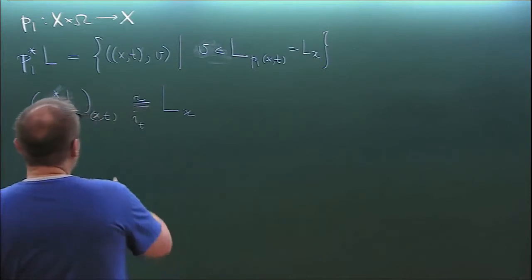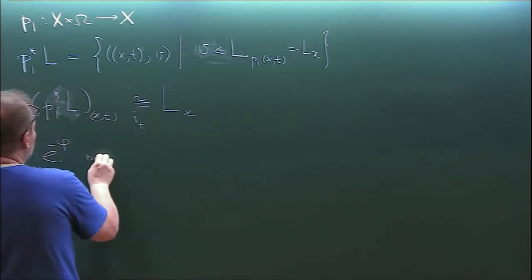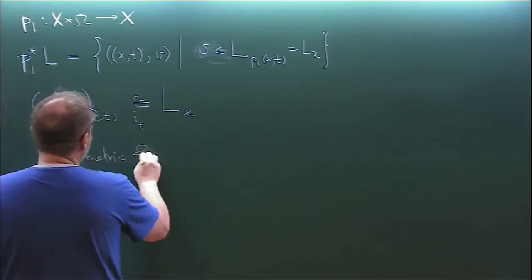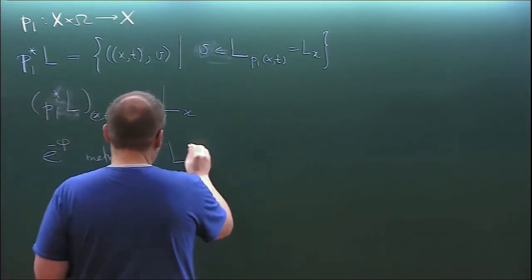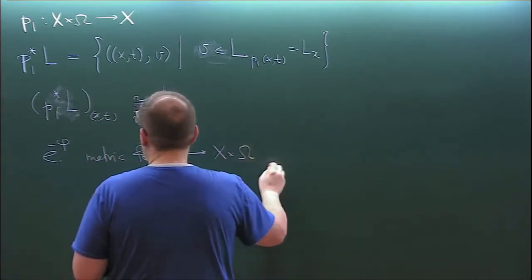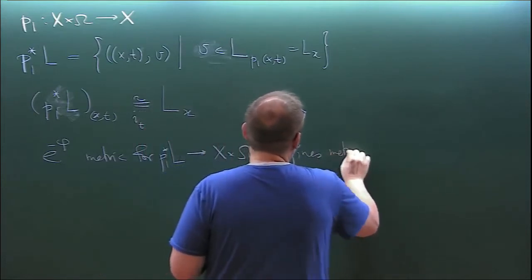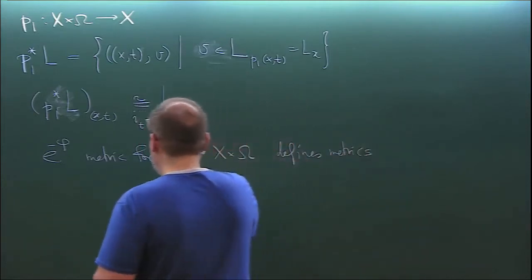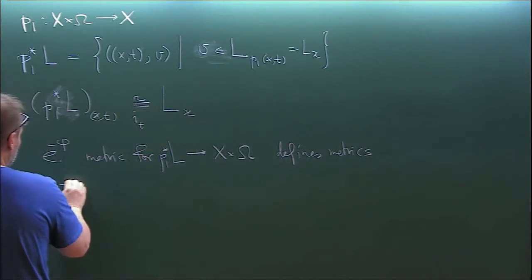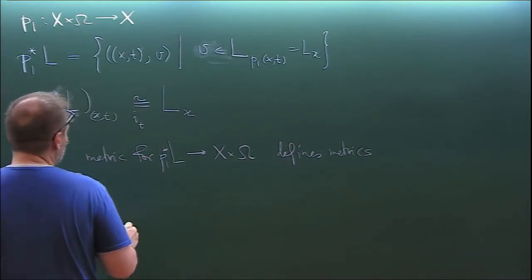Okay, so with this isomorphism, the metric e to the minus phi on the pullback of L to X cross omega defines metrics, which I'm going to call e to the minus phi_t.